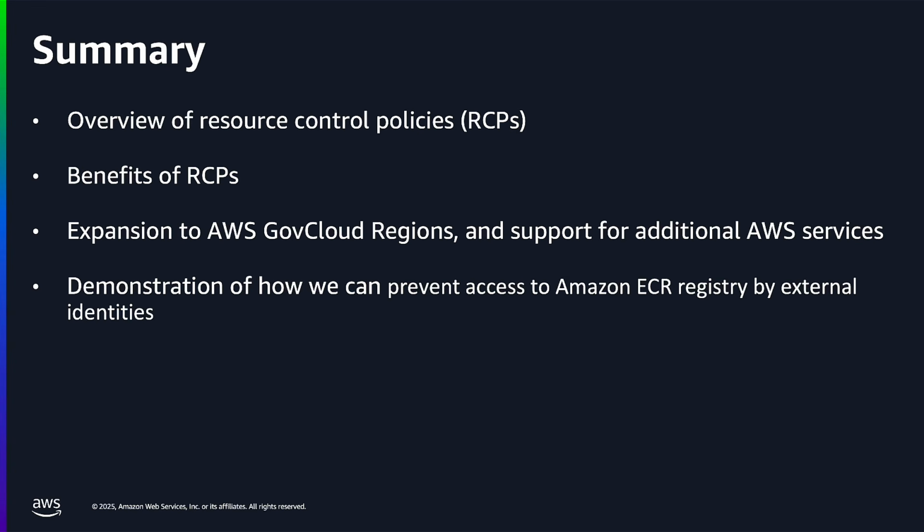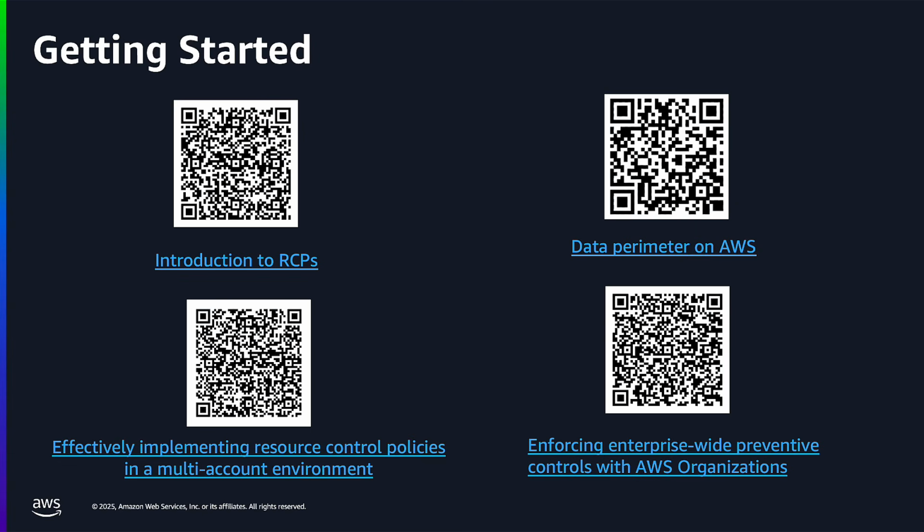Last, I also gave you a quick demo of how you can use RCPs to prevent external identities from accessing your ECR registries. Now that you have seen how easy it is to enable RCPs for your AWS resources, please feel free to pause the video at this point, scan the QR codes, and learn more about resource control policies.